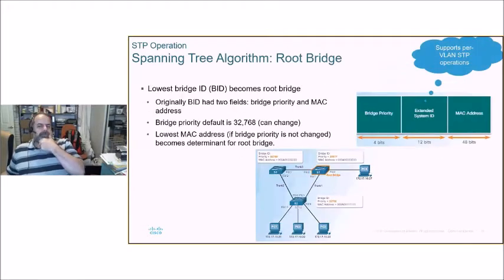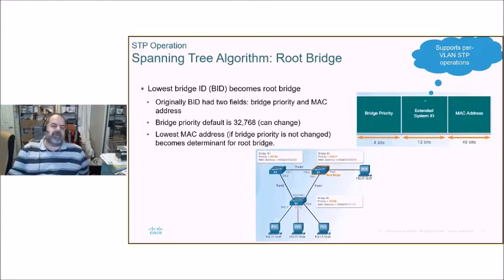Now, how do we get a root bridge? And so basically, the bridge with the lowest priority will become the root bridge. Now, basically, the priority is a combination of the priority number plus the MAC address.